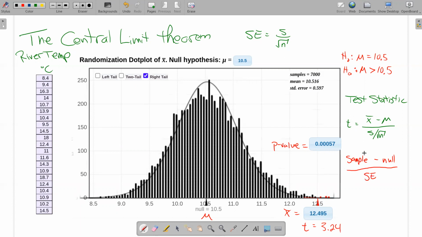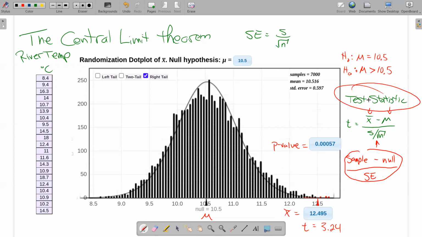And I'm writing it in more general terms here because what we call the sample statistic, the null value, and the standard error is going to vary depending on whether we're talking about a mean or a proportion, and then next week, whether we're comparing two means or two proportions. So the formula is going to vary a little bit in the green context here, but it's always the same in the red: sample minus null over the standard error. This is what we call a test statistic.